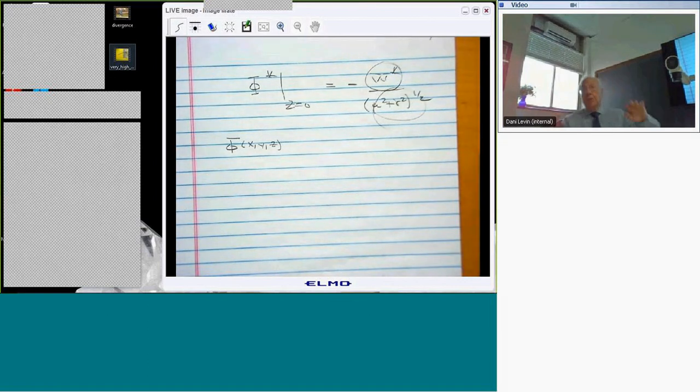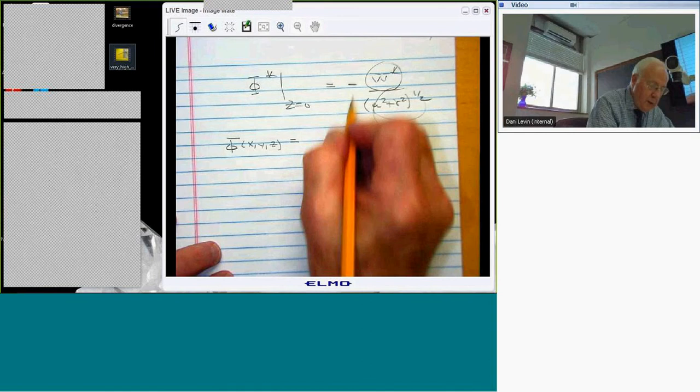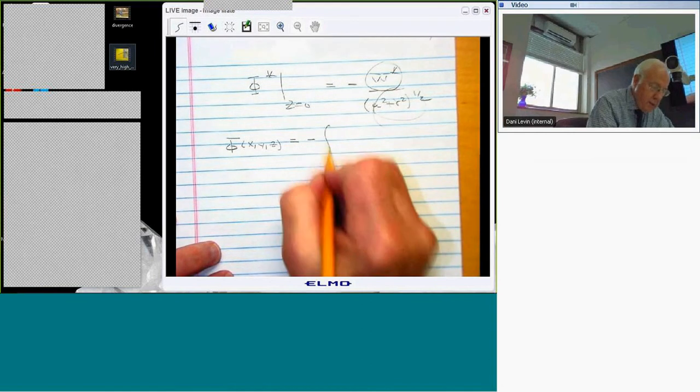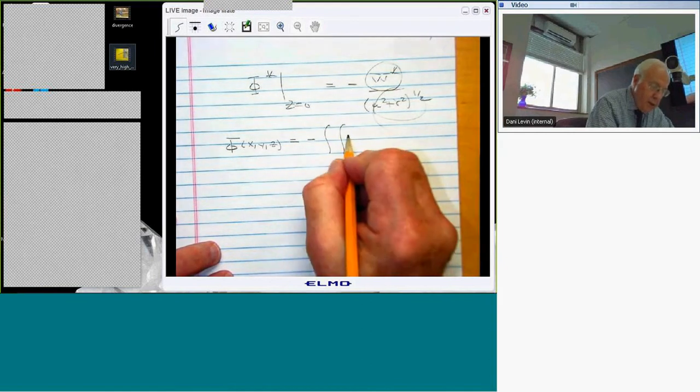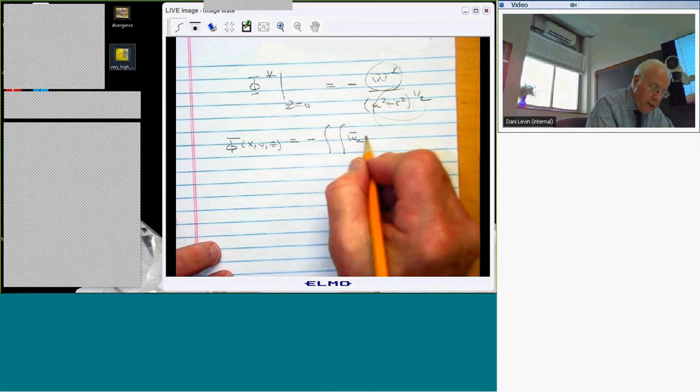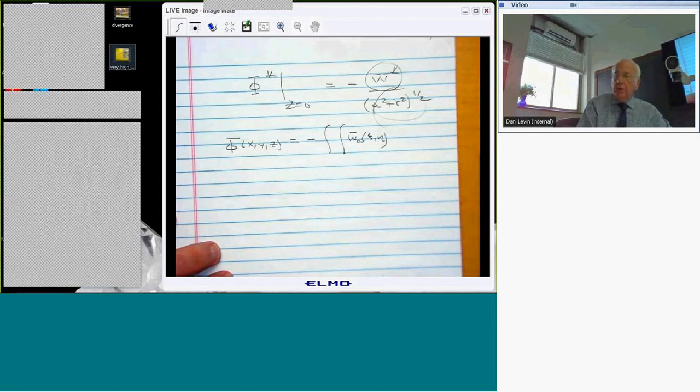But it's a double convolution integral over spatial variables in both the x and y direction, which means we have to introduce two new dummy variables. So this is equal to minus the double integral of W bar A, which depends on c and eta, the dummy variables.